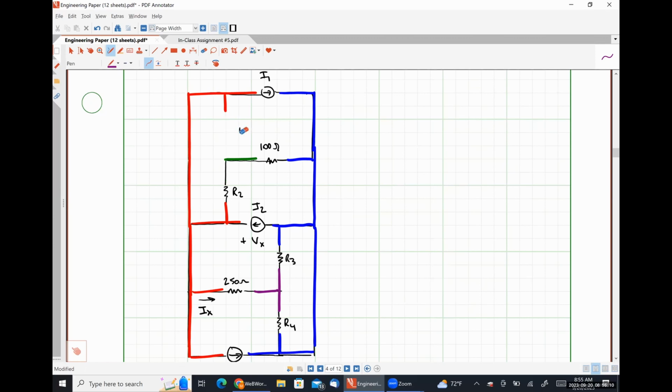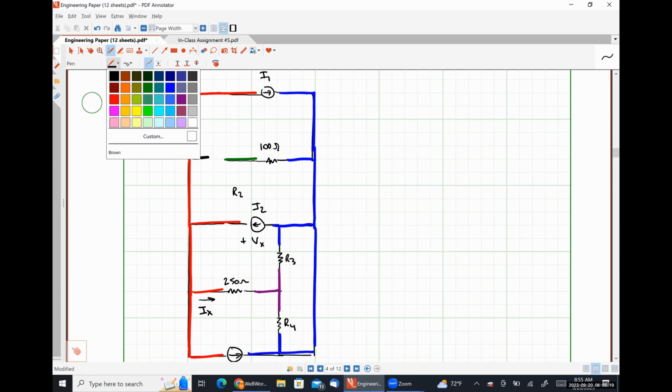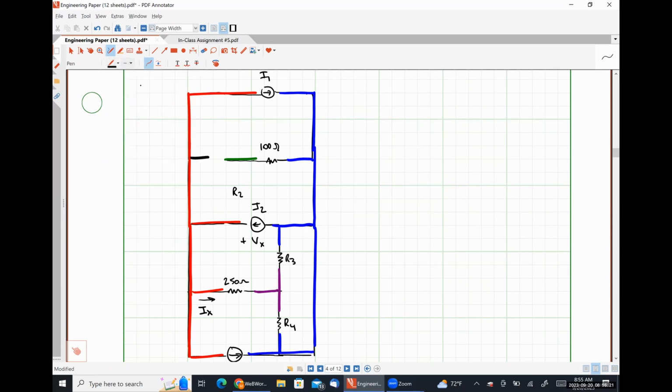So get rid of this, get rid of this. And now I have an equivalent resistance, let's call it REQ1, where REQ1 is R1 times R2 over R1 plus R2.